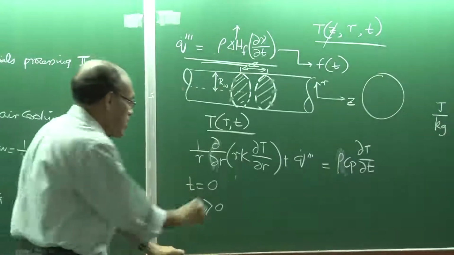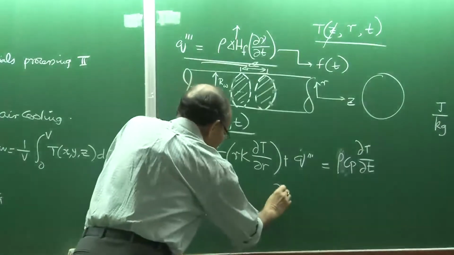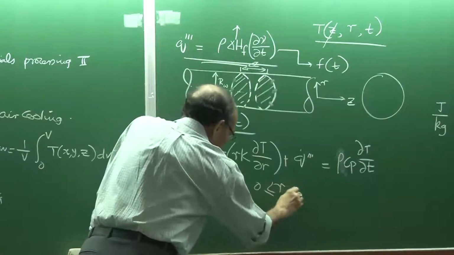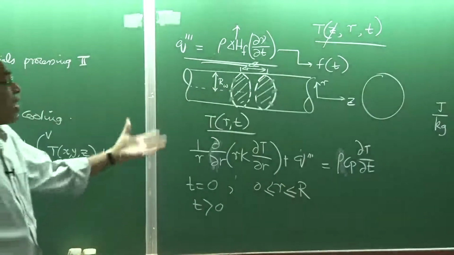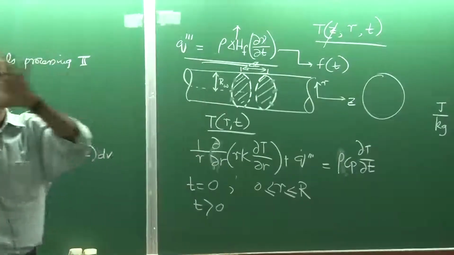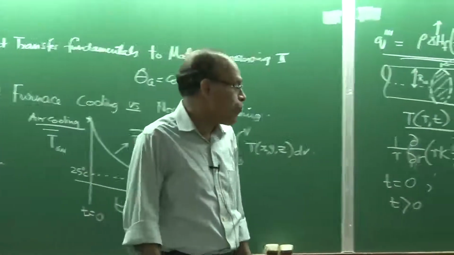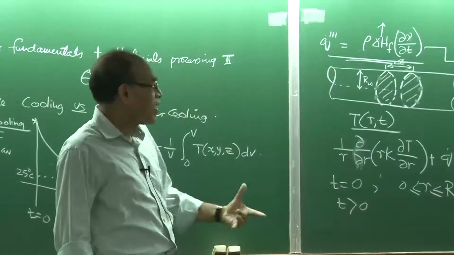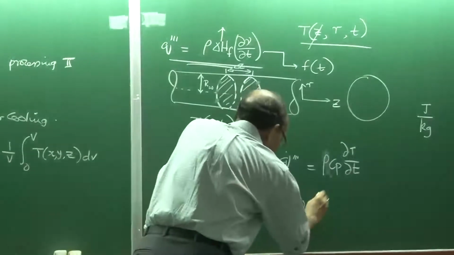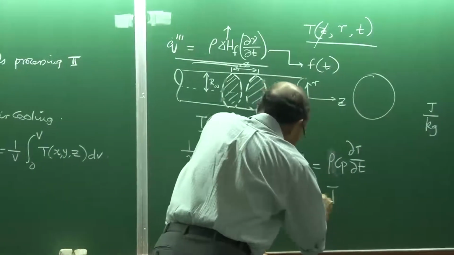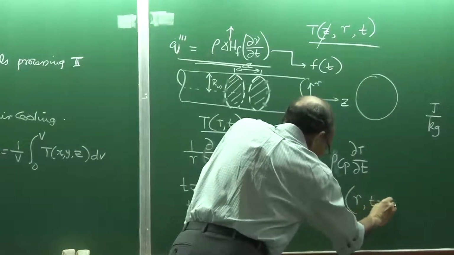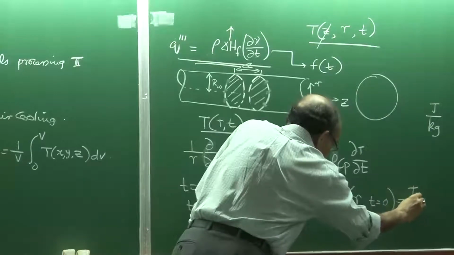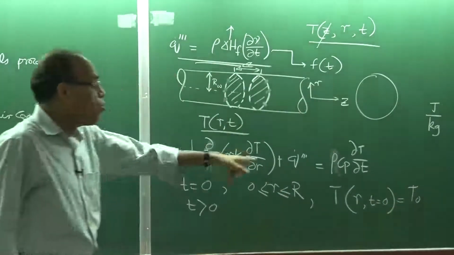This is for all values of R, and if I have homogenized the wire already in a big furnace, a tube furnace or something like that, then I can say that at all R, for t equal to 0, the temperature is T0, which is the homogenization temperature.